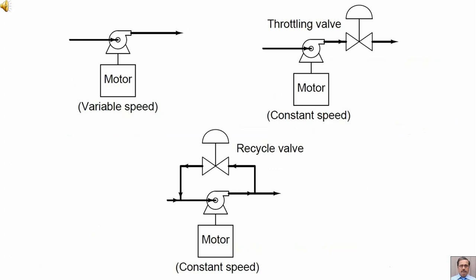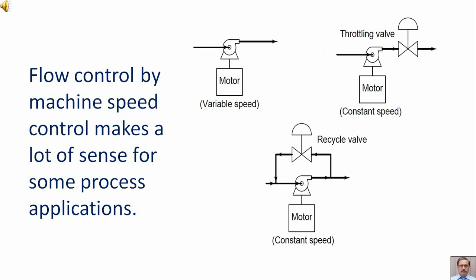In this diagram, all the three cases discussed are shown together. Flow control by machine speed control makes a lot of sense for some process applications.